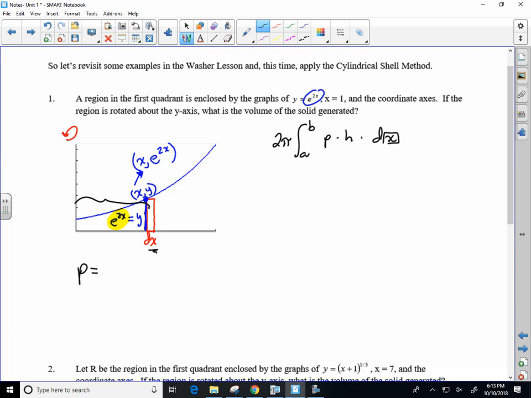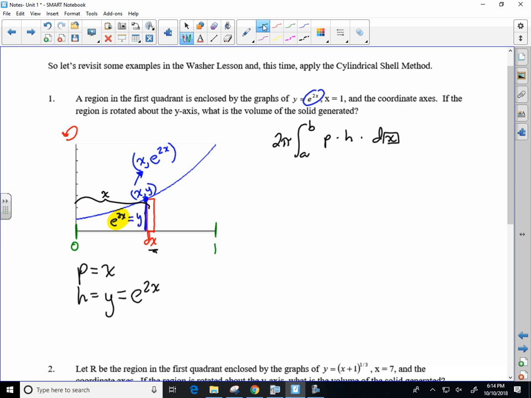Any point in space that is a distance off of the y-axis would be known as x. The height of the rectangle, h, we just discovered is y, and y in turn is e to the 2x. And we know d is with respect to x. We just need the bounds. In terms of x, this bounded area starts at 0 and ends at 1.